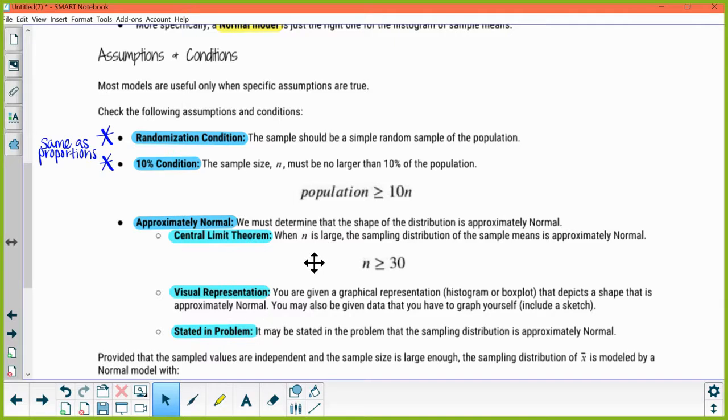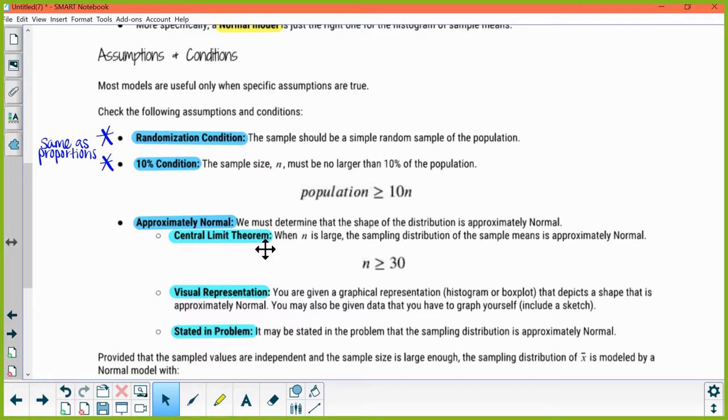As I get more and more samples, it's going to look normal, centered around the true mean. And typically, the minimum sample size you want is 30. So we always check, is our sample size bigger than 30? If it is, we can say the central limit theorem applies, therefore it's approximately normal.